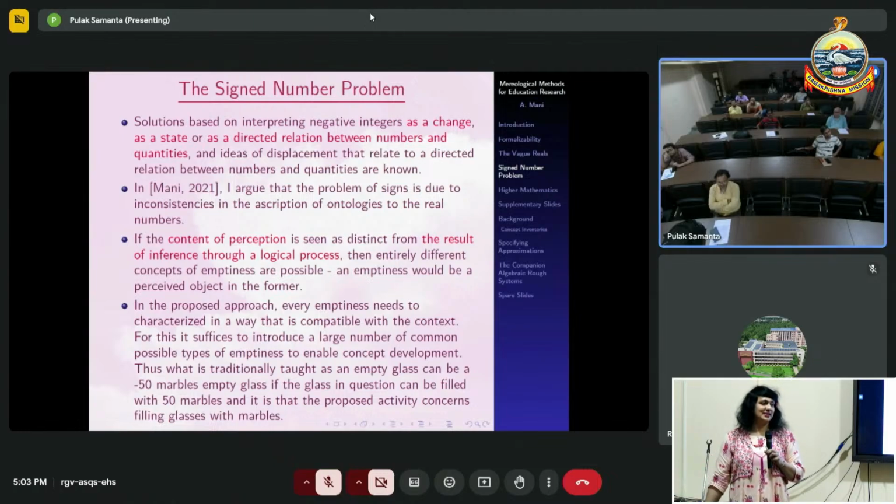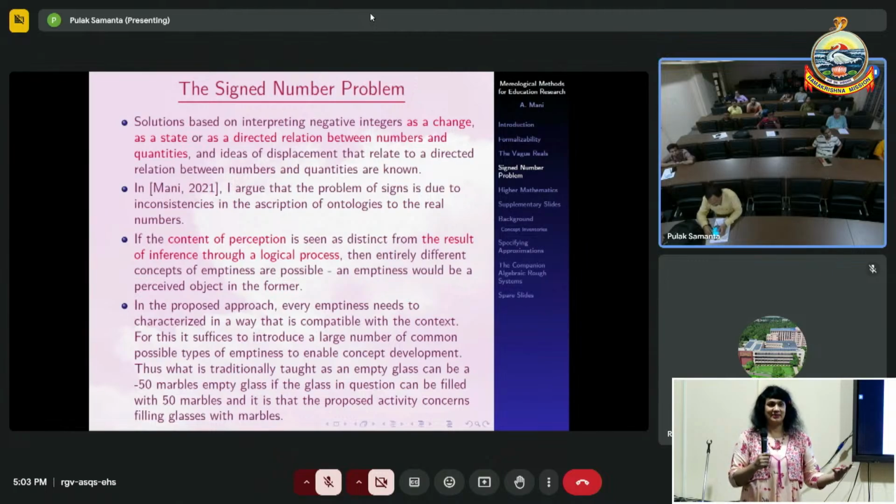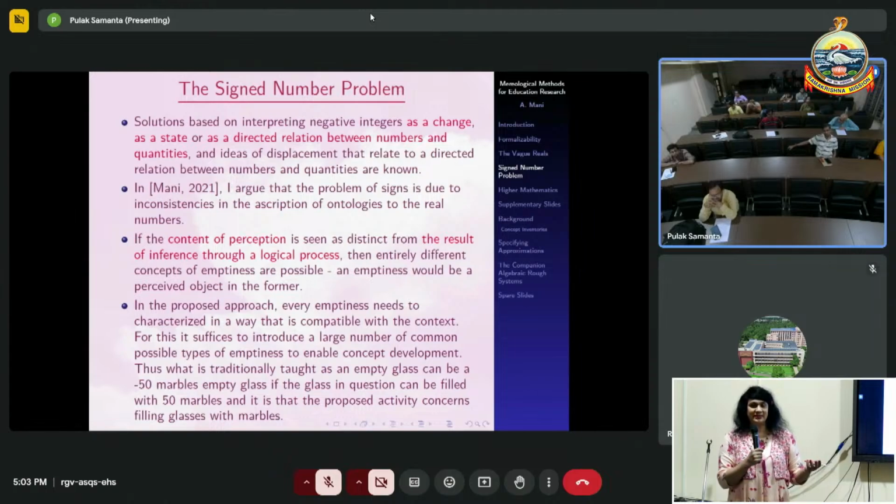Even till the 19th century, people had problems with negative numbers. Even people in higher mathematics had deep problems. They just could not handle the conceptions associated with it, and more so because in the West, for example, they didn't use the Indian notation.